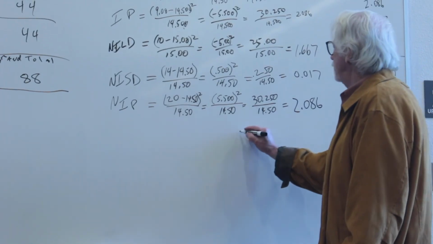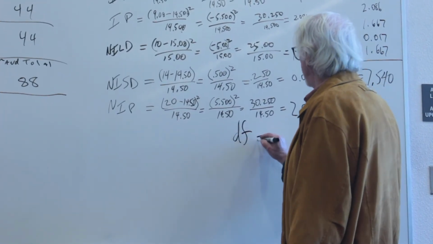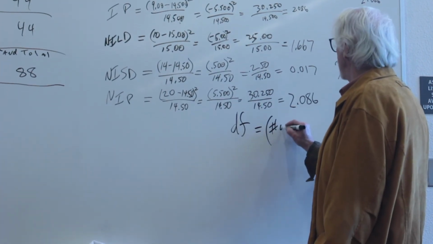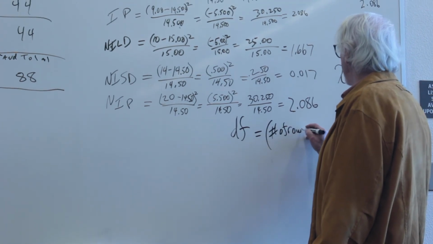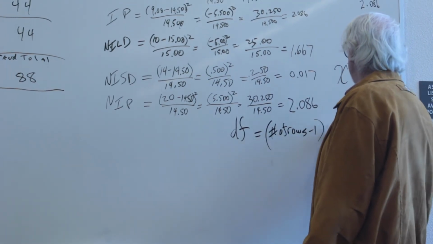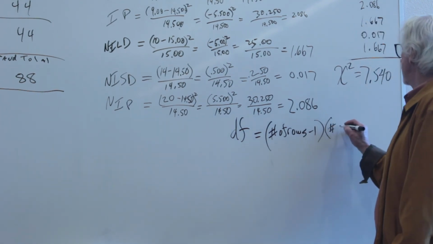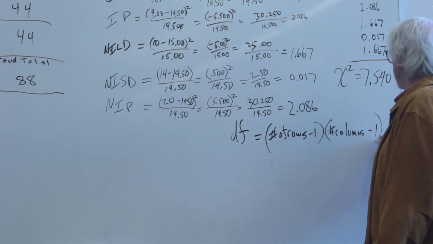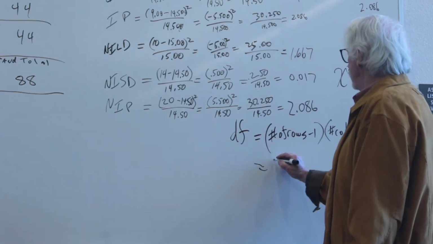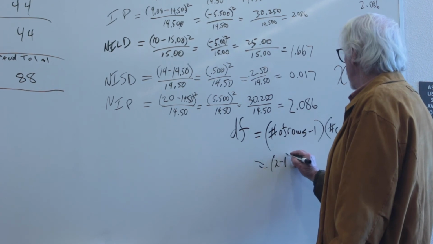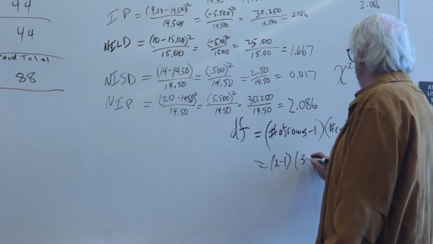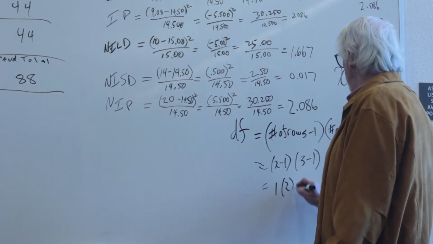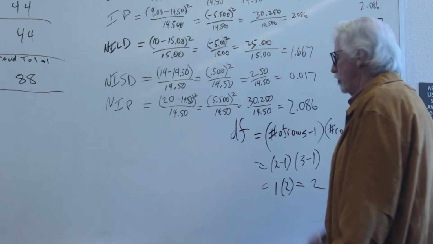All right. As always, to use the tables, we need to know our degree of freedom. And in this case, it's the number of rows minus 1 times the number of columns minus 1. So in our case, there's 2 rows minus 1, and 3 columns minus 1, which is equal to 1 times 2, which is equal to 2.